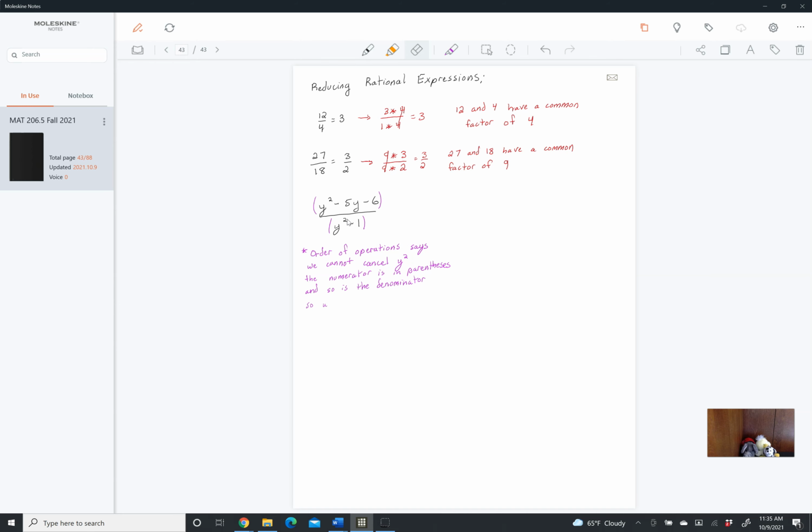So we can't just divide. Okay, so what do we have to do? We have to factor first. So we have to factor the numerator, we have to factor the denominator.